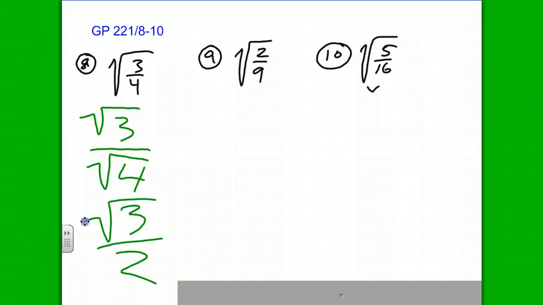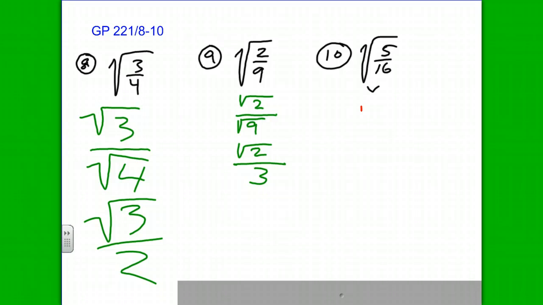And the next one, okay, Ryan. Square root of 2/9. And thumbs up if you agree. Square root of 2 over 3. Good job. Ryan, you can select the next person. If you put your left shoulder toward the board, it's easier.